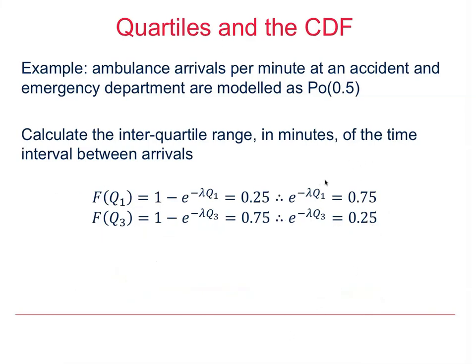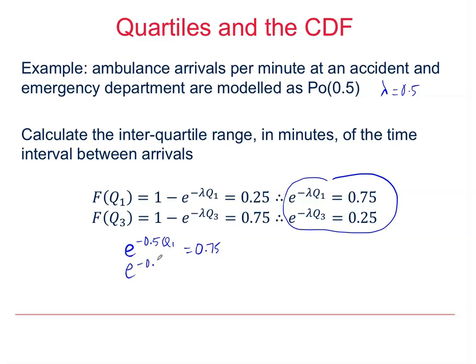So here are the two equations that we've derived for the upper and lower quartile, and just remembering up here that lambda is equal to 0.5. So let's just write that out, including the correct value of lambda. So we've got e to the minus 0.5 q1 is equal to 0.75, and e to the minus 0.5 q3 is equal to 0.25.